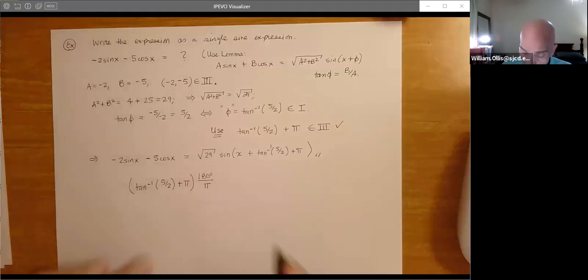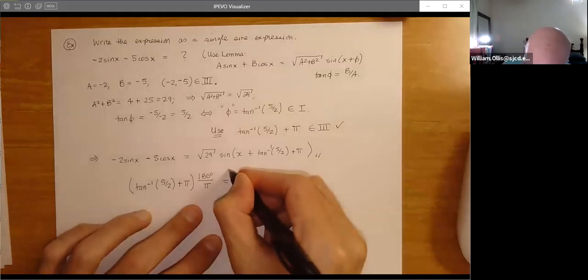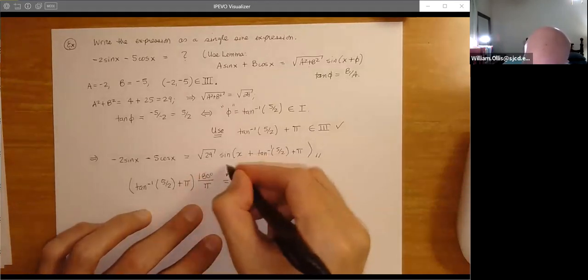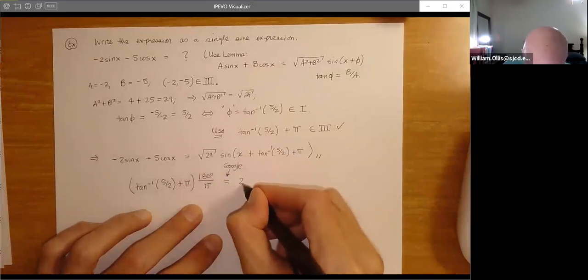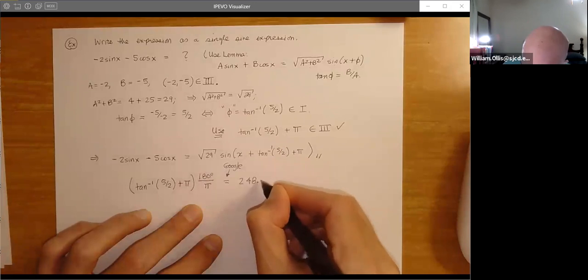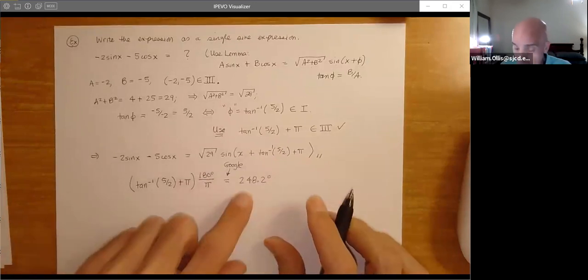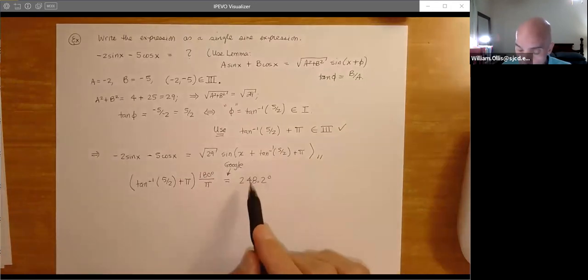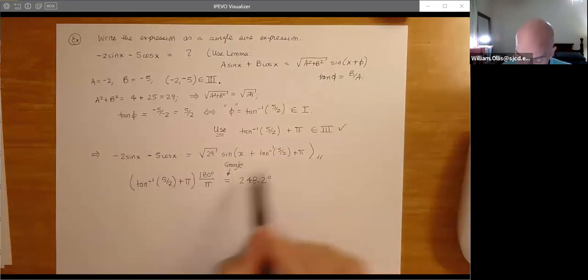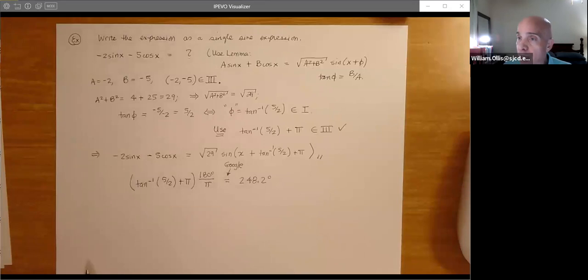And then, of course, by Google, we're just doing this ourselves, you'll get approximately 248.2 degrees. Again, this lies in the third quadrant. So if you wanted to replace this with this by thinking of degree mode, that would be fine. Maybe your physics problem would be more suitable if you use the degree measure.